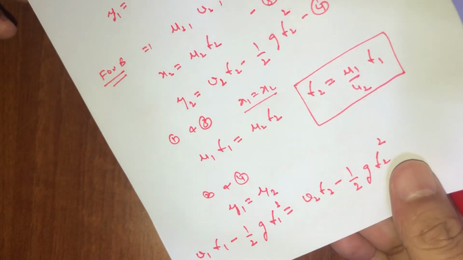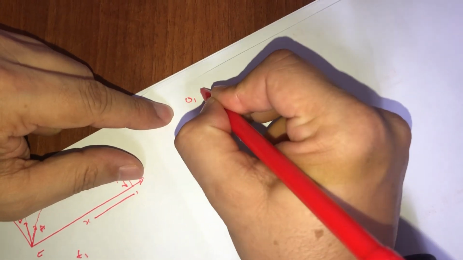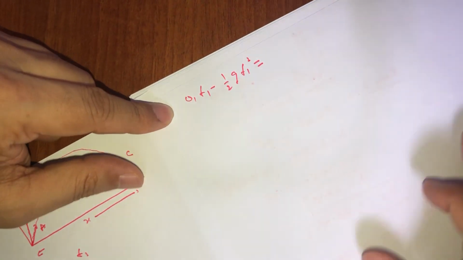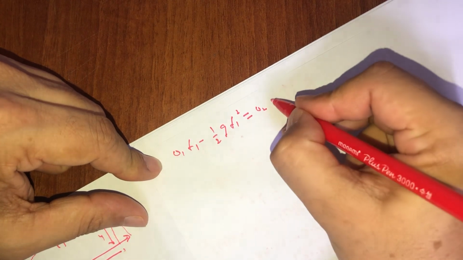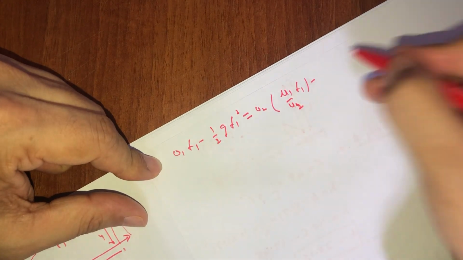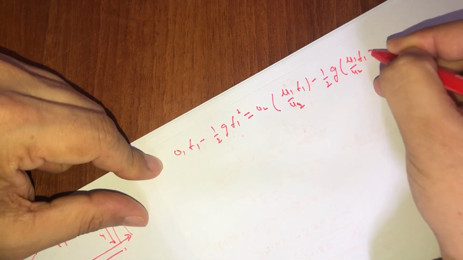This can be further solved. We get v1 t1 minus 1/2 g t1 square is equal to, substituting the value of t2, v2 times u1 by u2 times t1 minus 1/2 g times u1 by u2 times t1 whole square.